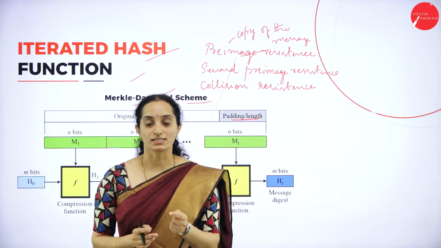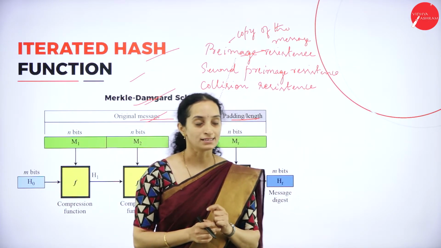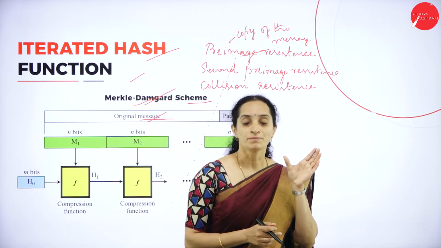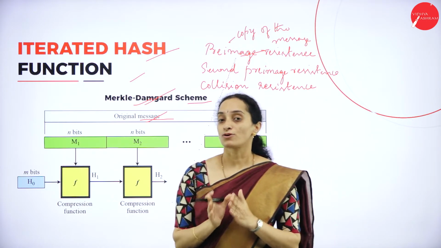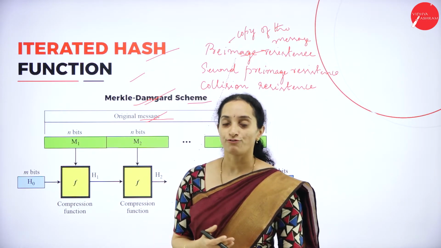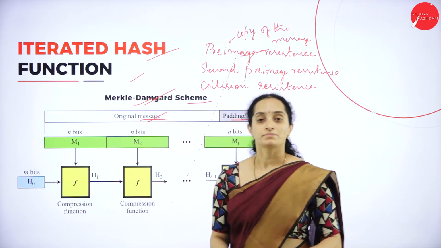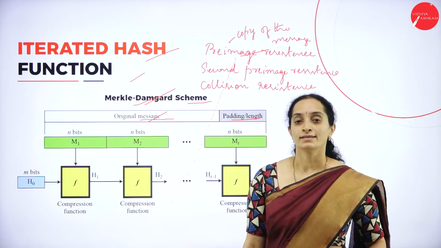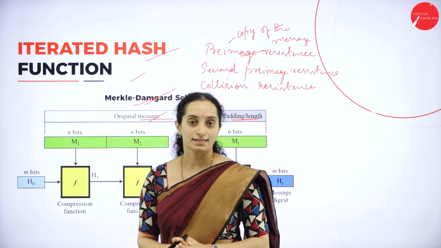The hash function must be able to recognize the original digest that is created by the algorithm. That is called the collision resistance of a hash function algorithm. So the Merkle-Damgard scheme ensures that the algorithm becomes collision resistant.